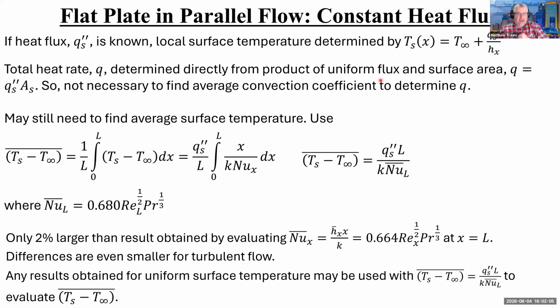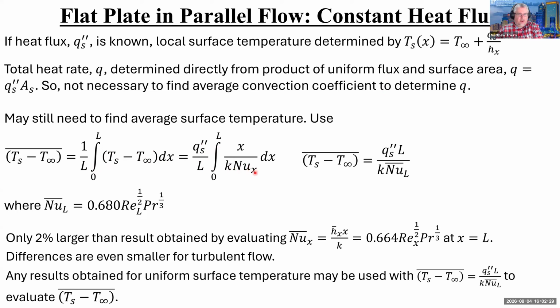I'm then going to take this expression, which is from Newton's law of cooling, and plug it in here. A bunch of things come out because they're constant. One thing, which is Q, comes out because it's constant.